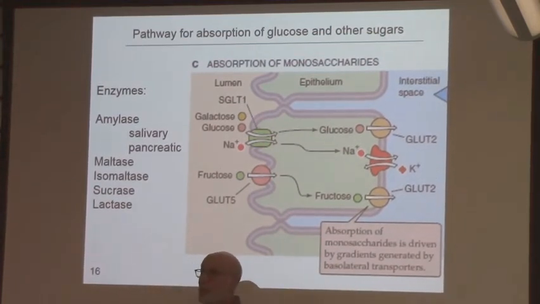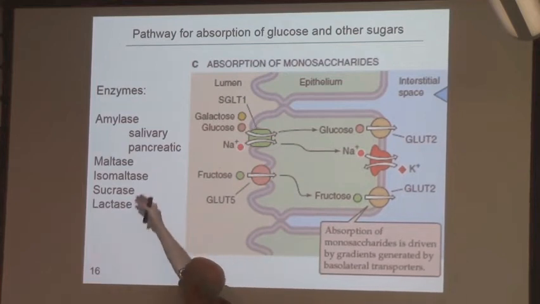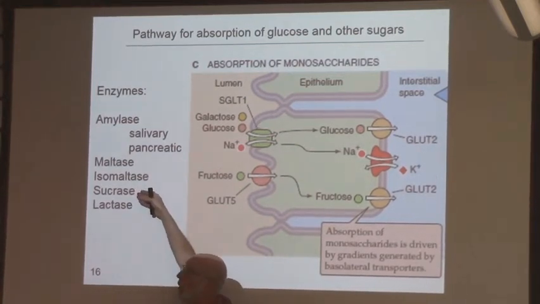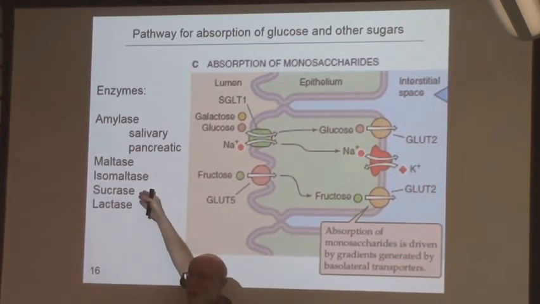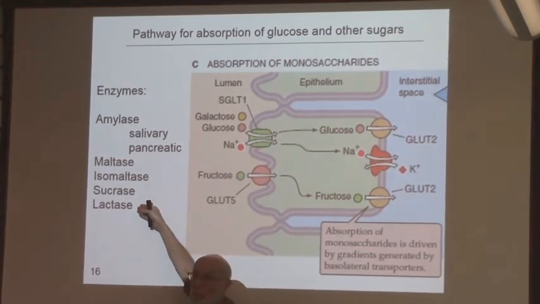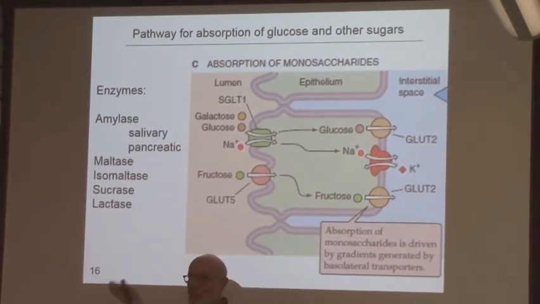I don't expect you to know which sugars are in the disaccharides. I can tell you if you're interested, but I don't expect you to know that. I do want you to know that sucrose and lactose are disaccharides. Sucrose is table sugar. Lactose is milk sugar. Milk is sweet-ish.